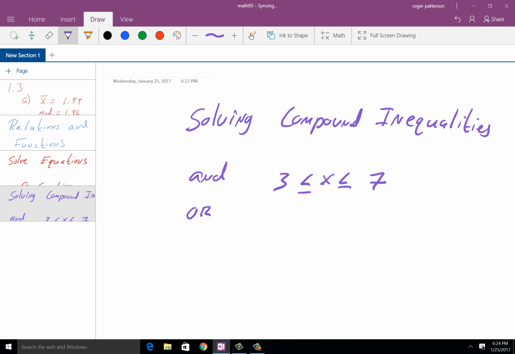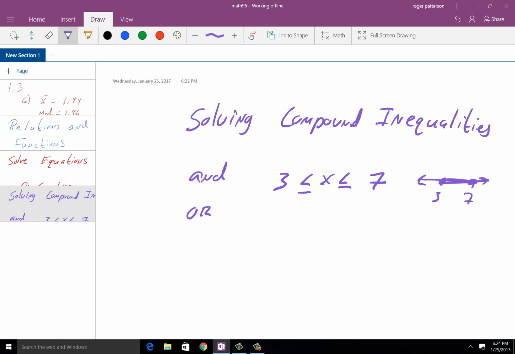So the "and" automatically comes out. Graphically, on a number line, we're talking about all the numbers in between there, because you could pick a decimal. You could pick any kind of number in there. So that's called an "and" problem.